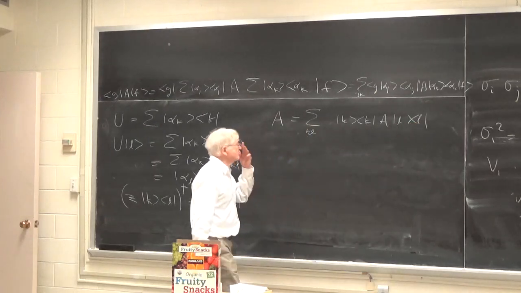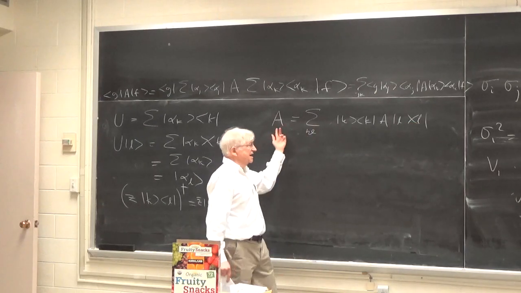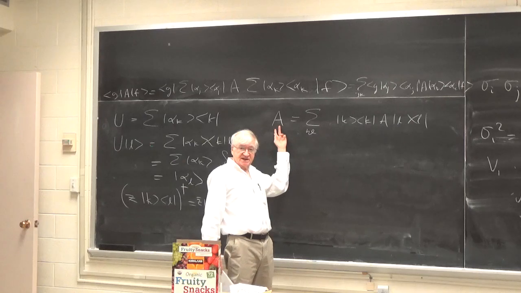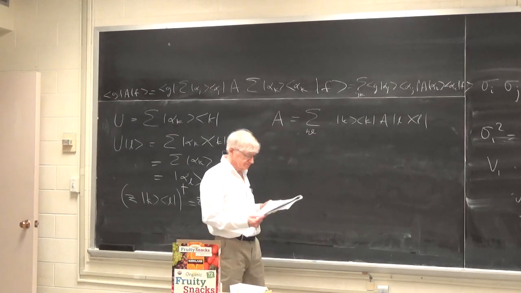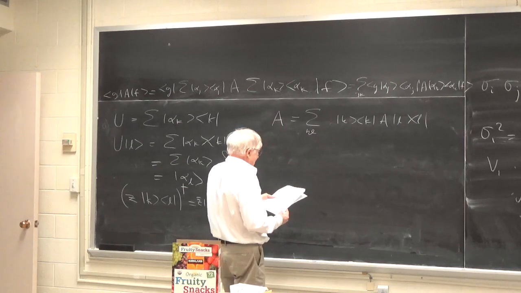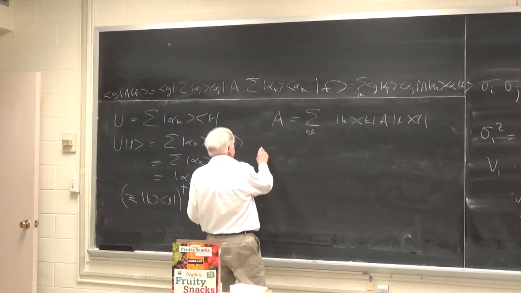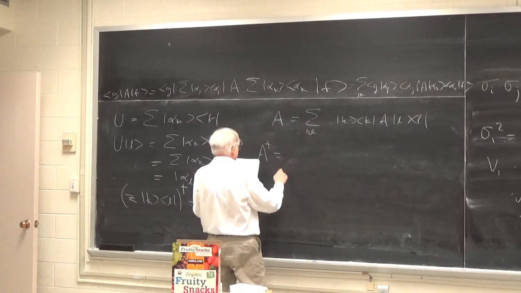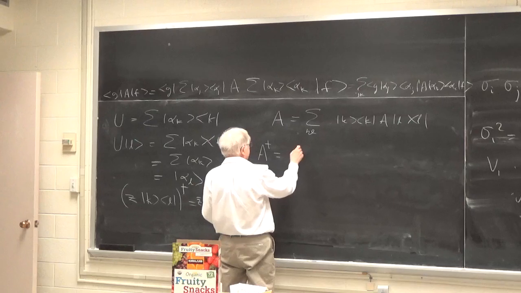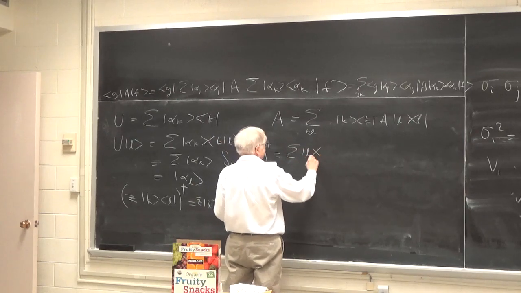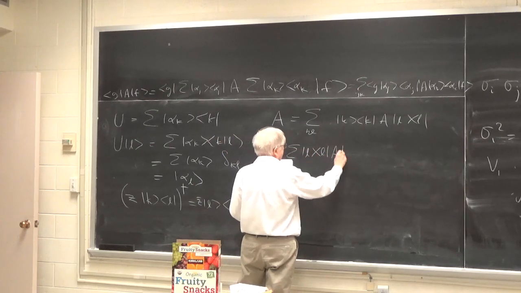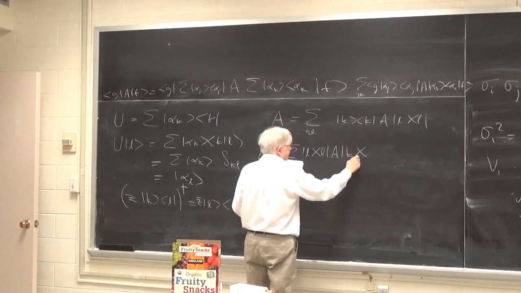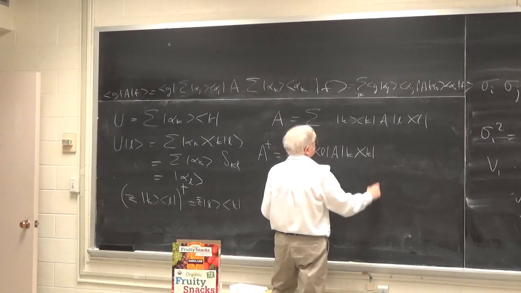But also, notice I've just multiplied A on the left and right by an identity operator. Now if we take the adjoint of that, what is it going to be? It's going to be a sum of |l><l| A dagger |k><k|.